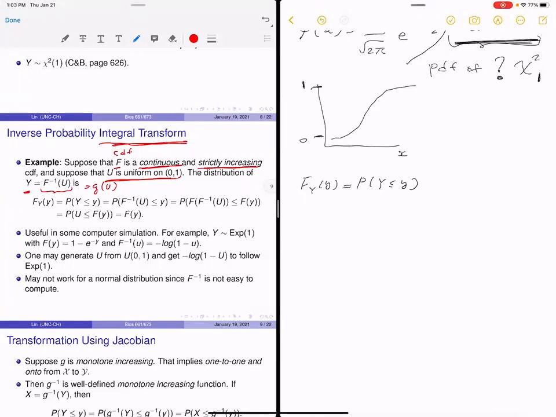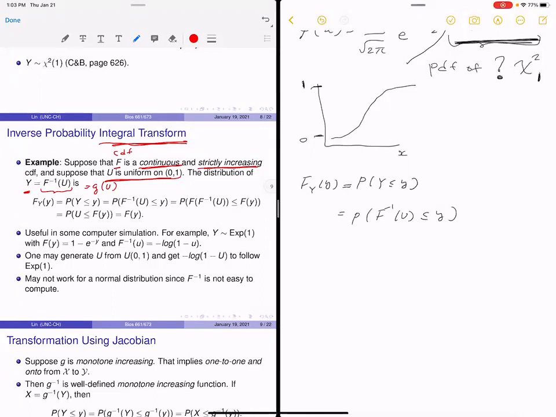I do record the class, right? Yes, I think I recorded, hopefully. Good. Then the new random variable Y comes from the transformation as F inverse of U. So far so good.